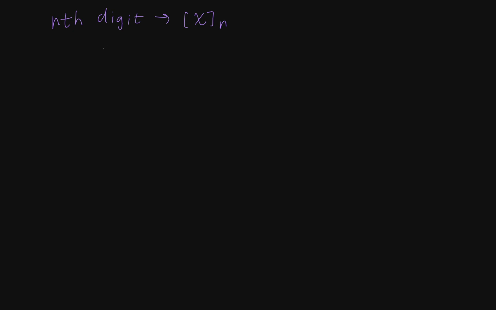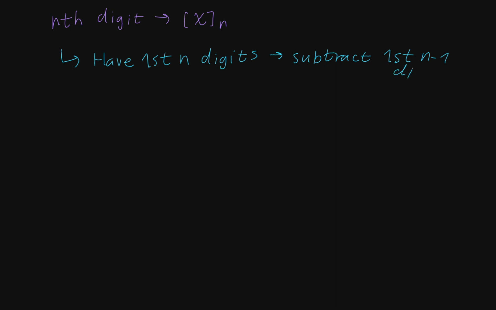If we have the first n digits, then we can isolate the number on its own if we then subtract the first n minus 1 digits.